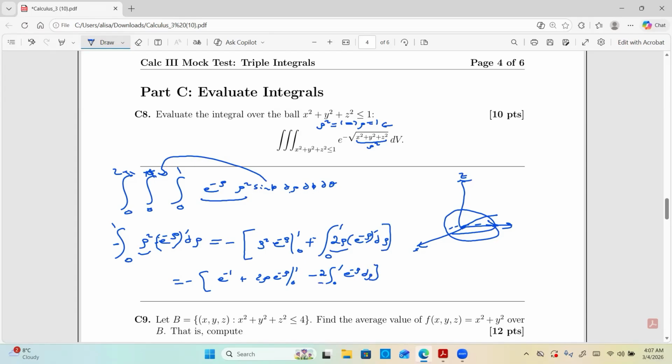But hey, this is easy to integrate. You can do a u sub, but you don't need to. When you finish this, you will end up with the answer 2 minus 5 over e.